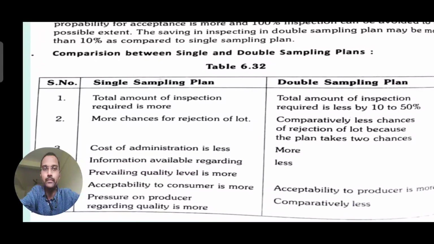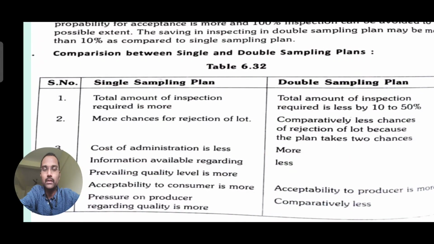Because if in the single sampling plan more than one defect is found, the lot has to be sent for 100% inspection, where all the products are inspected and you can confirm that all the products are of good quality. Then the consumer or customer will accept that quality product easily. So acceptability by the customer is more in the single sampling plan.